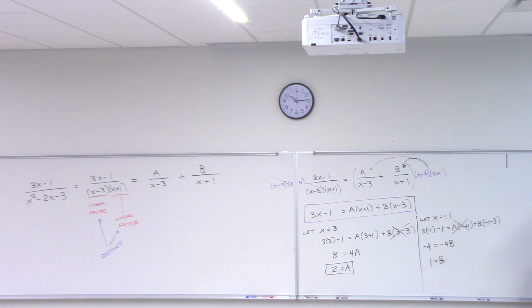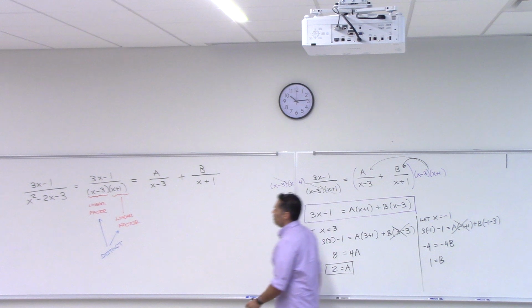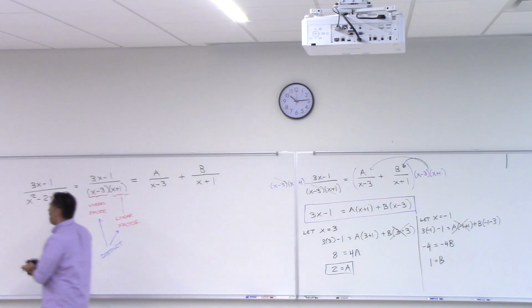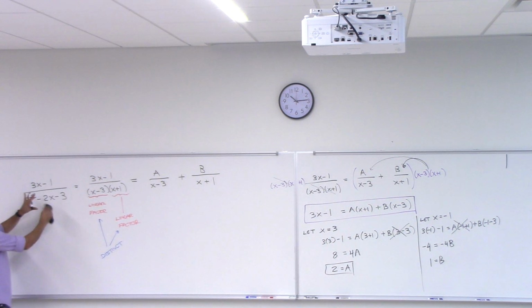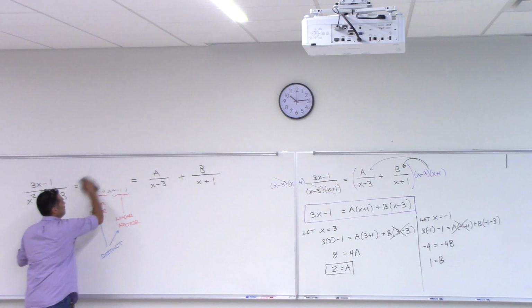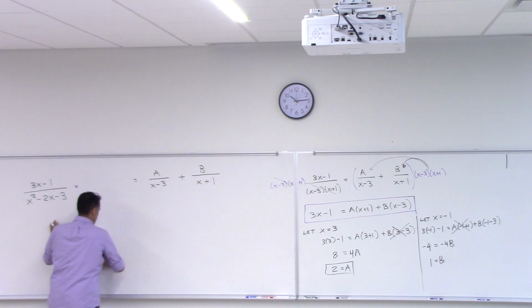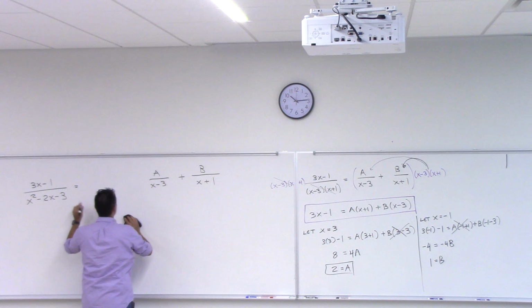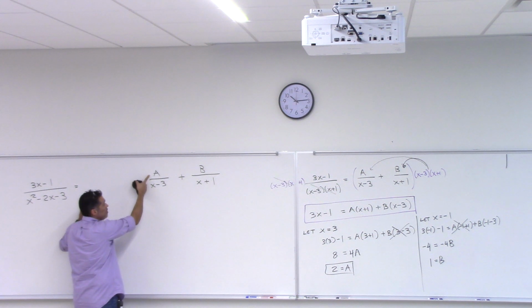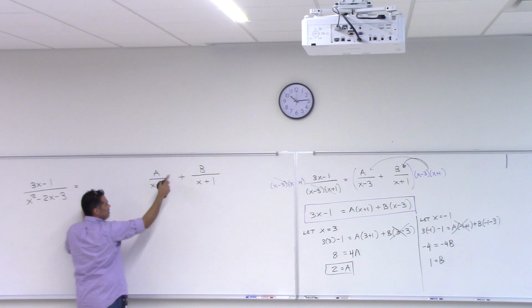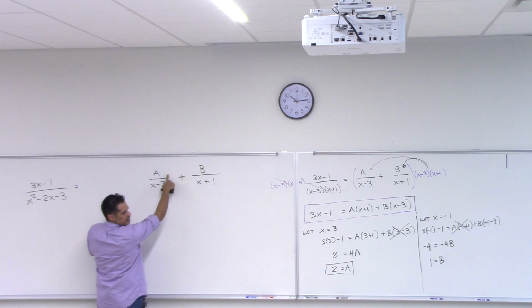So I figured out what a and b are, right? So here's what I can say. This expression right here can be rewritten as, you have to get them in the right order. Like you have to have A where A is, you can't switch those. So A was what? 2?